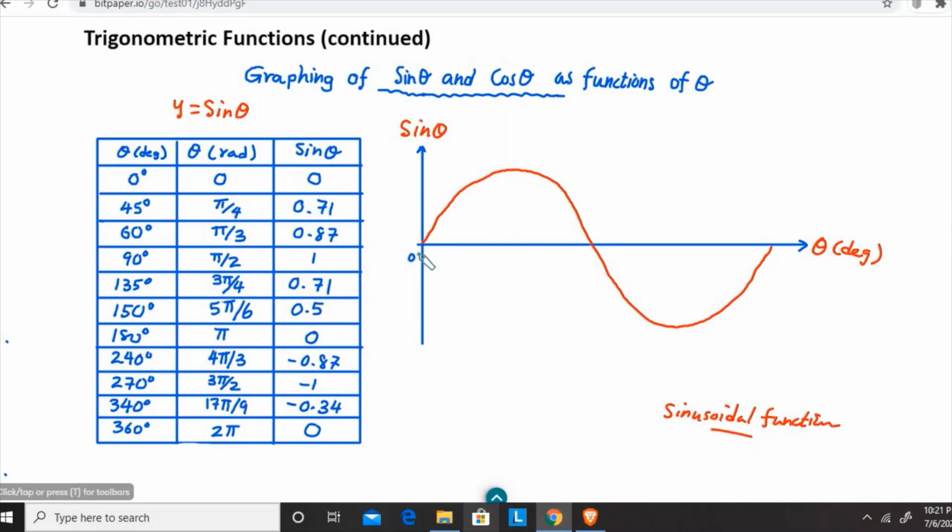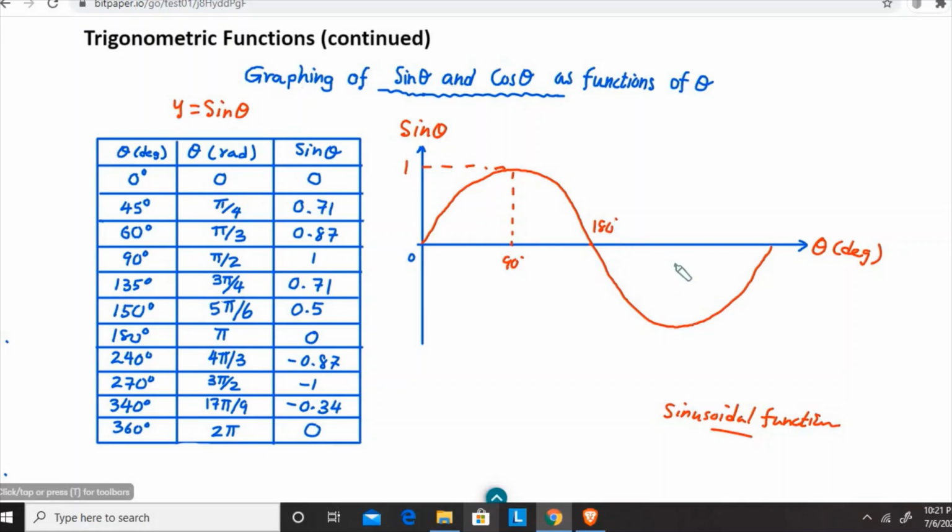So here you have 0, and then at this highest point it corresponds to 1, and then the angle over there is 90 degrees. And here the 0 value corresponds to 180 degrees.